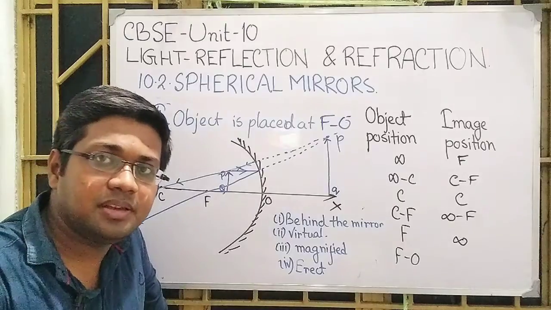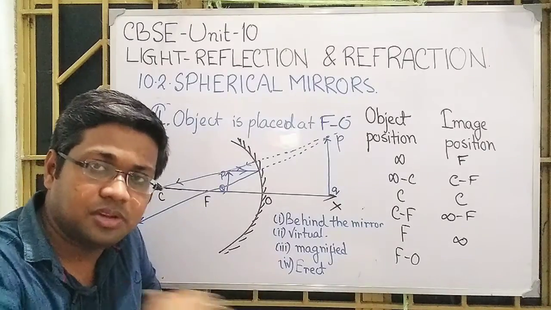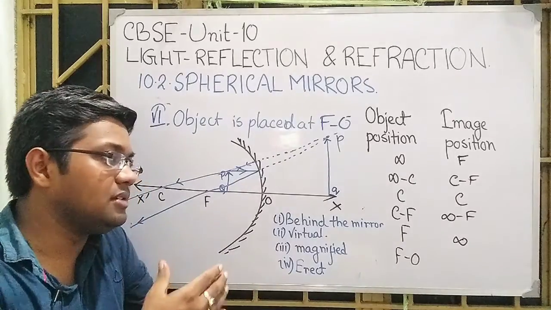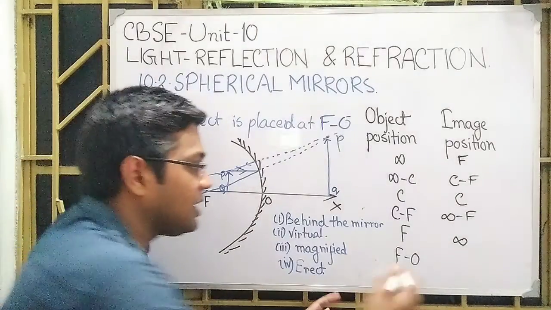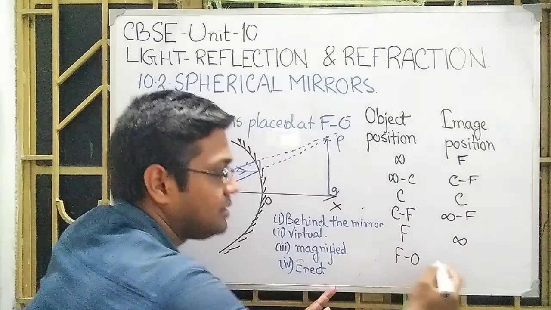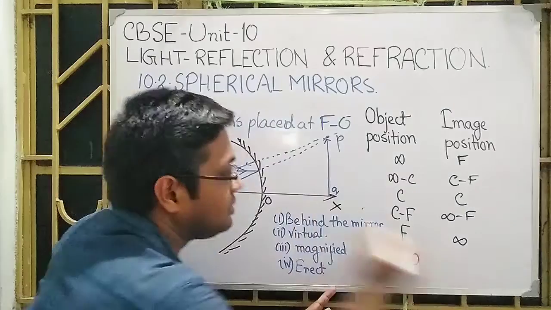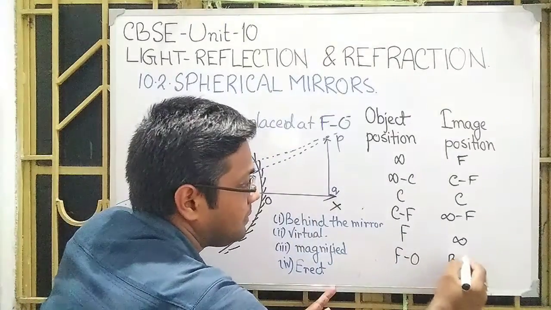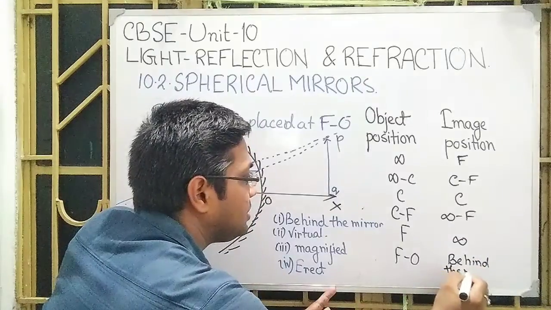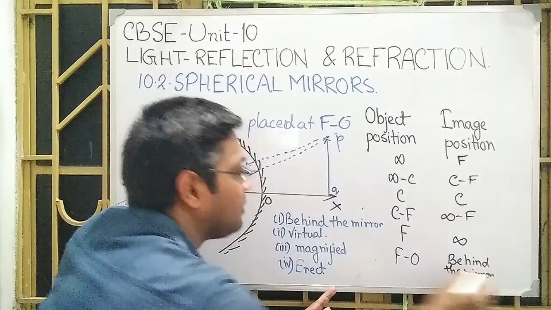So whatever we have gone through till now, we have discussed the different cases of the object placed at different places. Let me write that it is formed behind the mirror. No specific positions we cannot say, but it is formed behind the mirror.